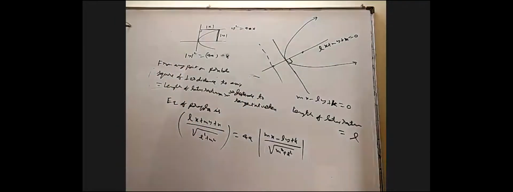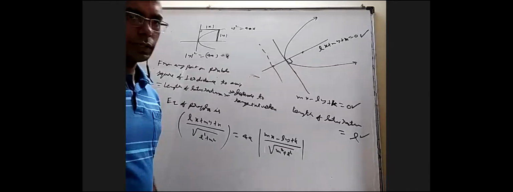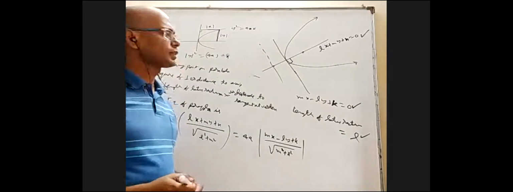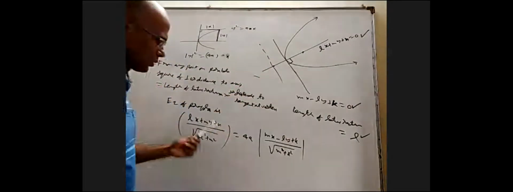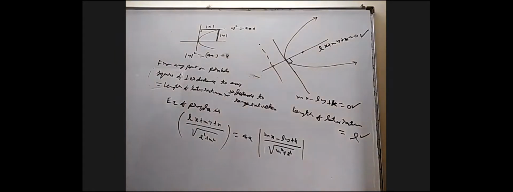This I call a new definition of the parabola. If you know the axis, the tangent at vertex and the length of the latus rectum, these three things, this is how we can find the equation. Is everybody clear about this? Yes, sir. I'll tell one example about this.